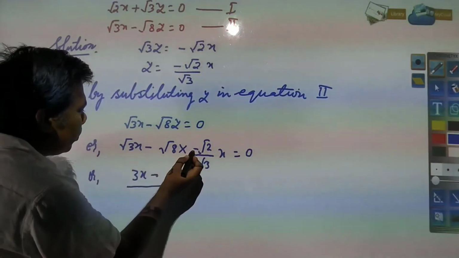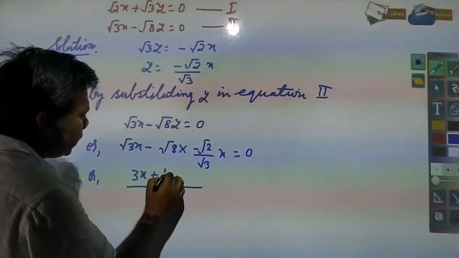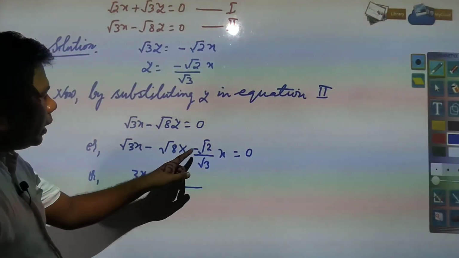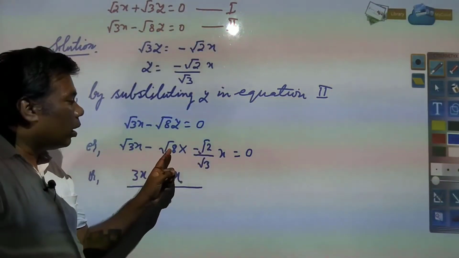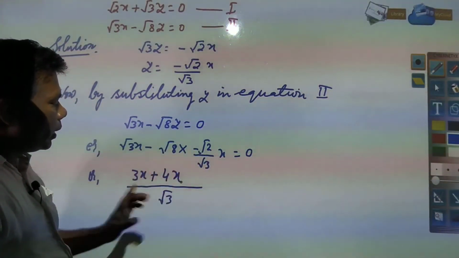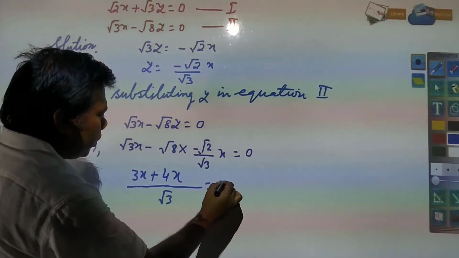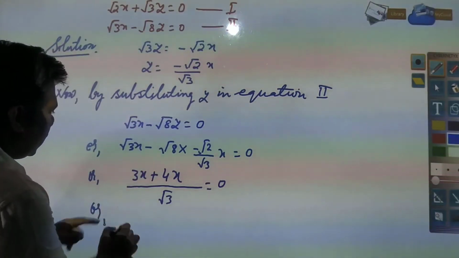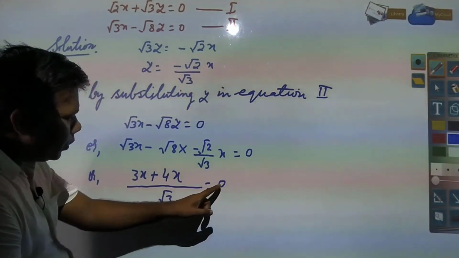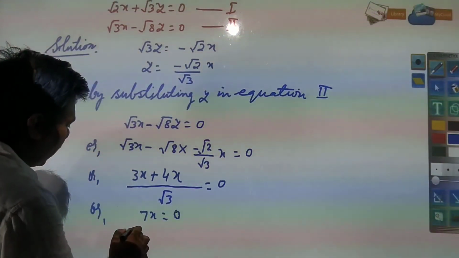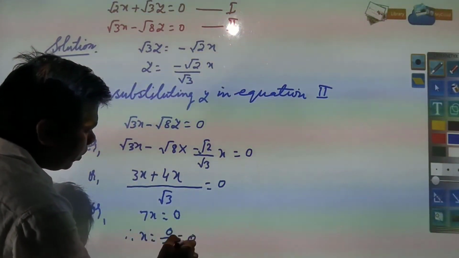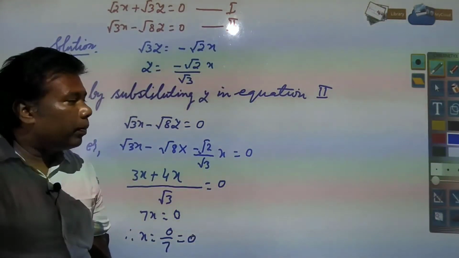So minus into minus is equal to plus, and this is 4x. So 3x plus 4x, that is equal to 0. Or here you will get 7x is equal to root 3 into 0, and therefore x will be what? 0 by 7, it means 0. X you have got 0.